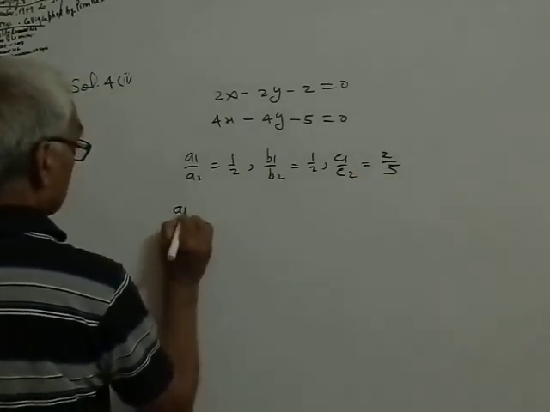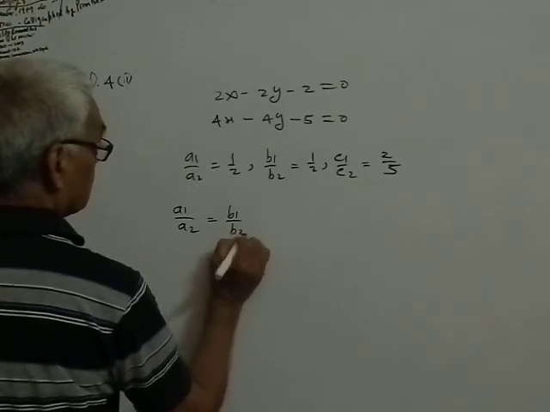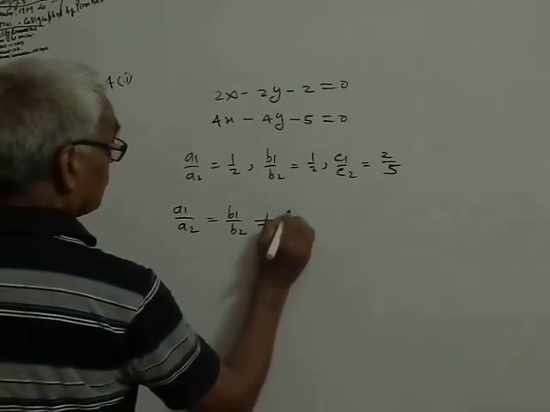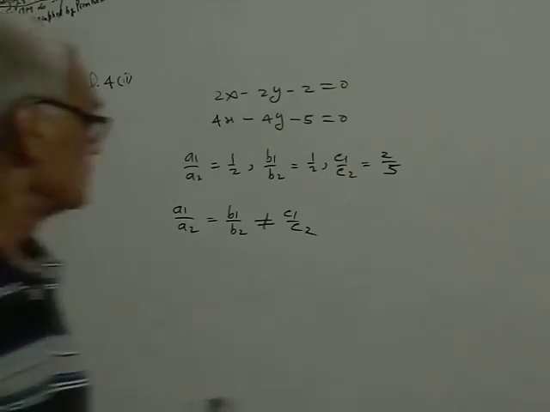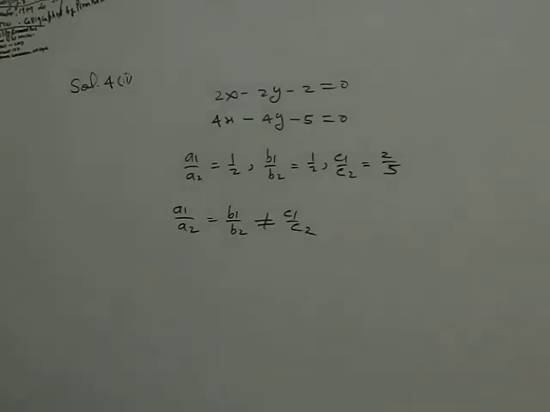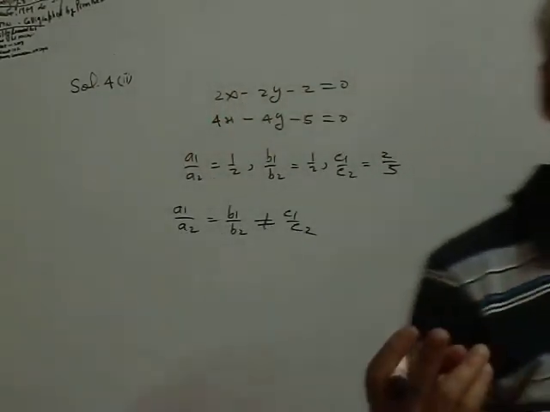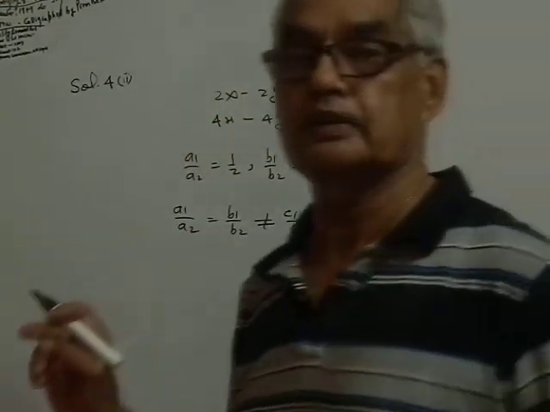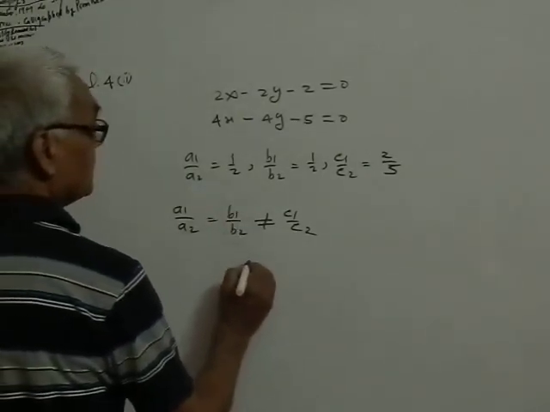So a1 upon a2 is equal to b1 upon b2 is not equal to c1 upon c2. These two lines will be parallel, they will not intersect at any point, and you will not get any solution. So the lines will be inconsistent.